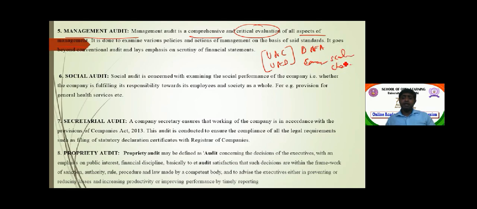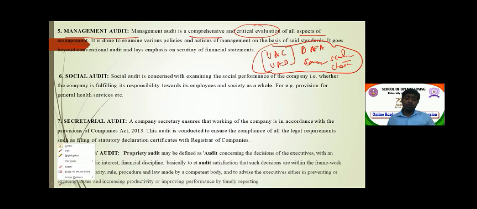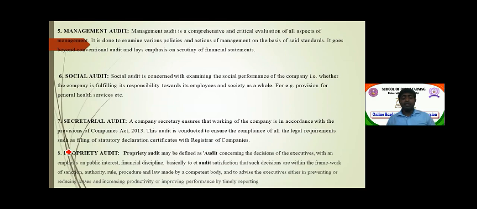So whatever the principles of management are there, whether we have adopted all those principles in a thorough manner or not, whether we have been able to successfully install all those principles in our management policies, objectives or actions or not, this is what we are able to check with the help of management audit.